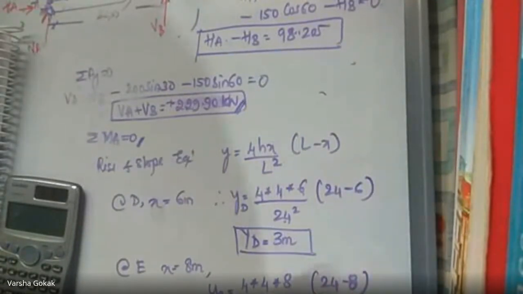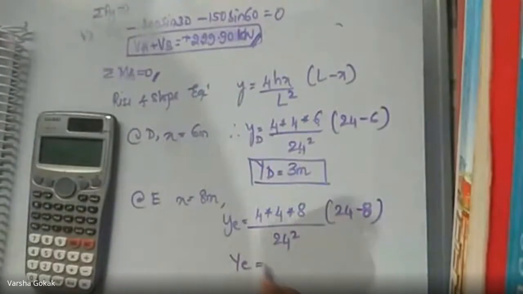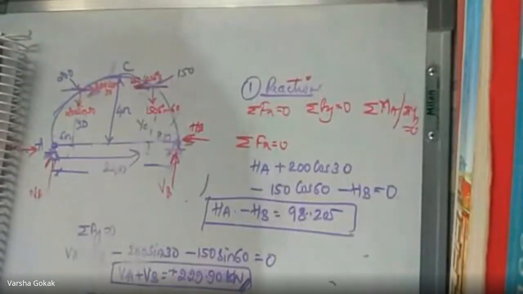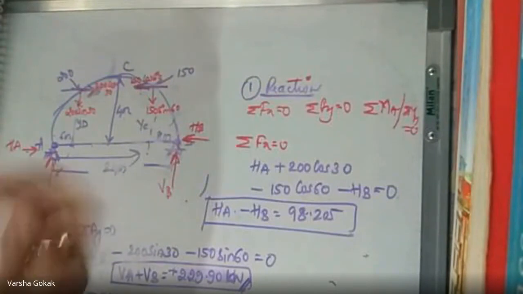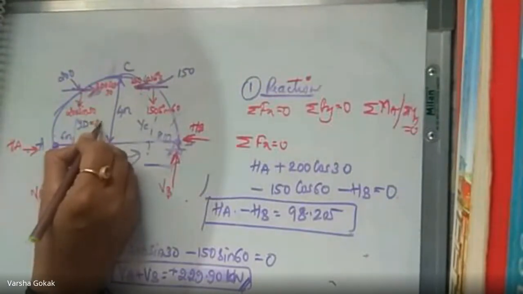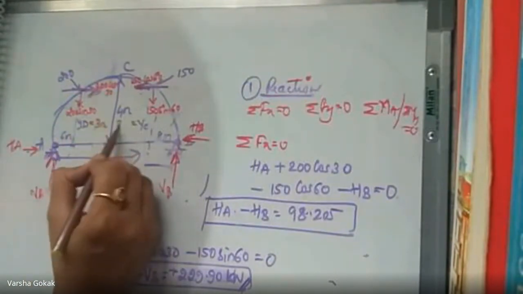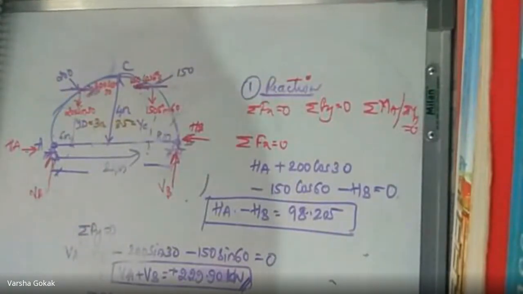How much is YE? 3.5 meters. Correct. So I'll make a note of these two here. Using the rise and slope equation, we have found YD to be 3 meters and YE is 3.5 meters. Okay. So next, I will erase this.